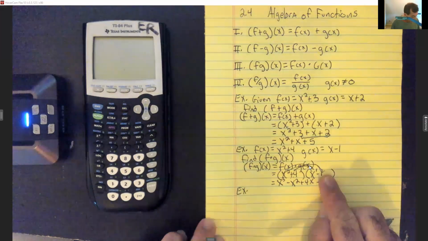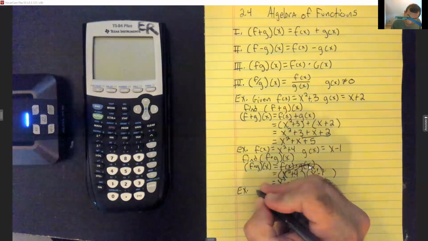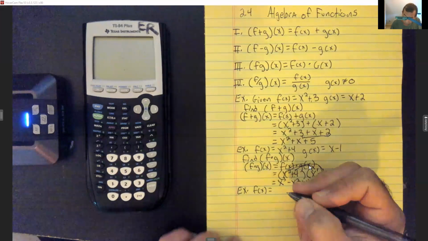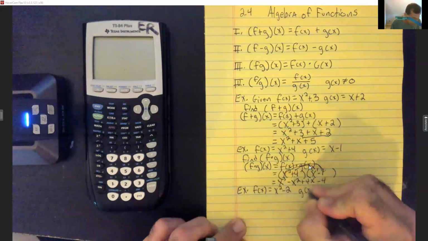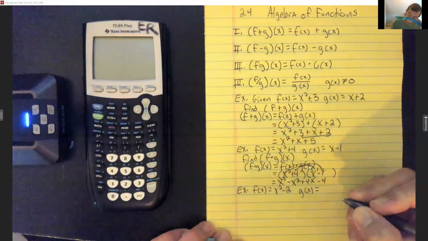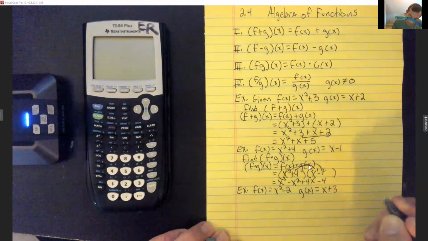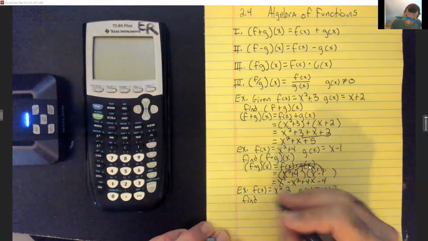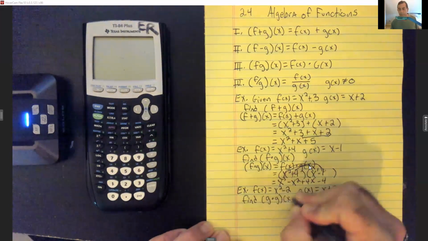All right, so this next one, I'm going to have f of x equals x squared minus 2. G of x is going to equal x plus 3. We're going to find g times g of x.